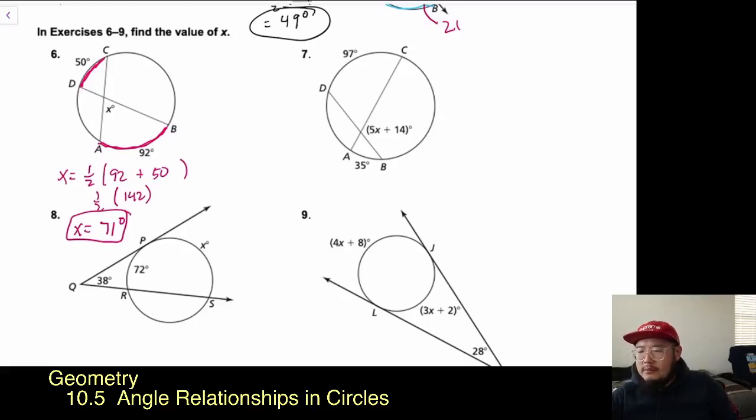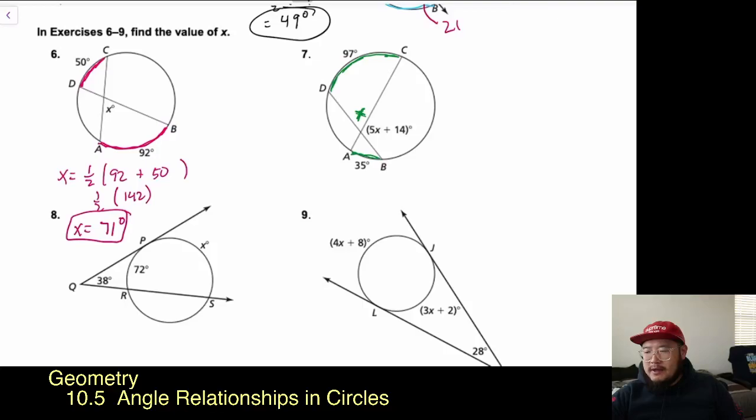If we take a look at number 7 next, we can do the same exact thing. However, I don't know what this angle is. They give us 2 arcs. What that'll allow us to do is figure out one of these angles, the angle in between.